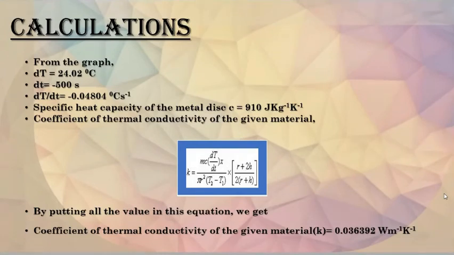Here K is the coefficient of thermal conductivity, M is the mass of Lee disk, C is the specific heat of aluminum, x is the thickness of insulator, R is the radius of insulator, and T1, T2 are the steady temperature of thermocouples. By putting all the values in this equation, we get the coefficient of thermal conductivity of the given material, K is equal to 0.036932 watt per meter Kelvin.